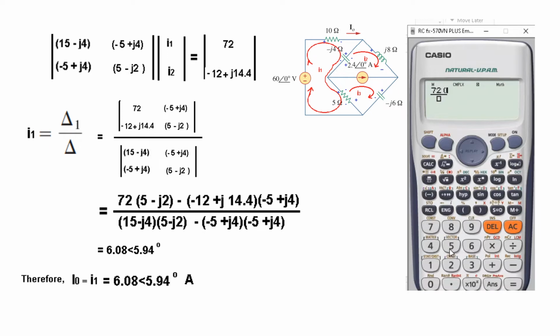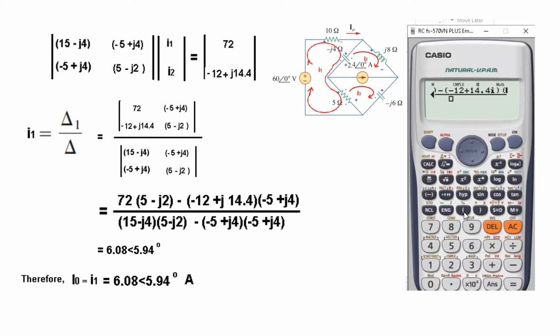Bracket 5 minus j2, that means 2i, minus, bracket, minus 12 plus j14.4, or 14.4i, bracket closed.